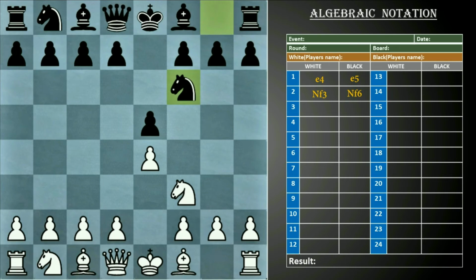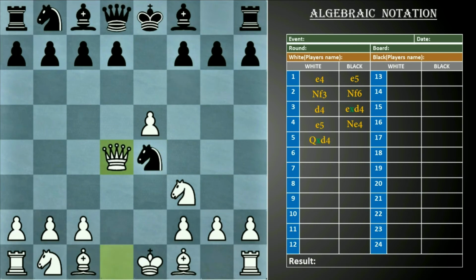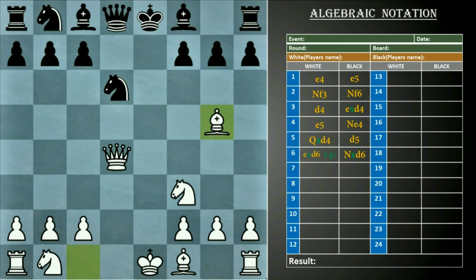It goes like that. d4. e cross d4. e5. N e4. Q cross d4. d5. e cross d6 ep in person, that is. N cross d6.